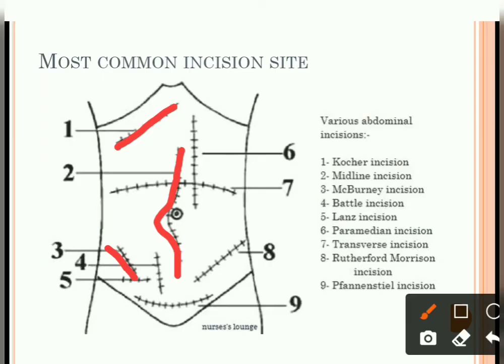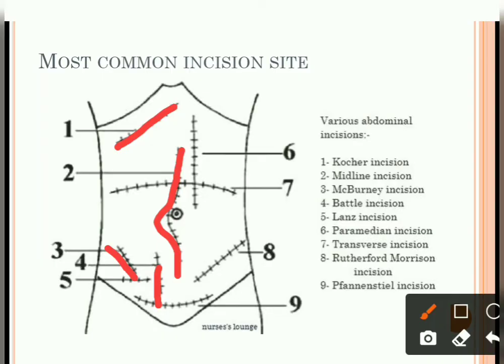Fourth, we have our Battle incision, also known as the Battle-Jalaguier-Kammerer-Lennander incision. It is a lower right paramedian incision but placed more laterally than the standard paramedian incision. It is suitable for dealing with acute appendicitis and pathologies in the right lower quadrant of the abdomen.